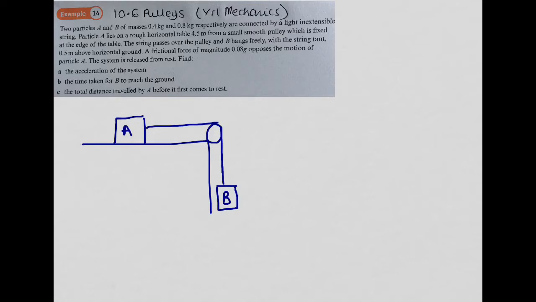I've put particle A, and starting here I'm told that A has a mass of 0.4 kilograms, so that means I can write 0.4 g acting down, and there's a normal reaction, which I'm just going to call R at A because it's the normal reaction for A. It's a light inextensible string, so this string is going to have tension in it.